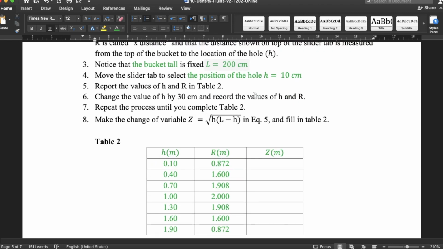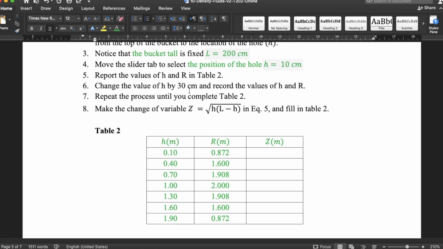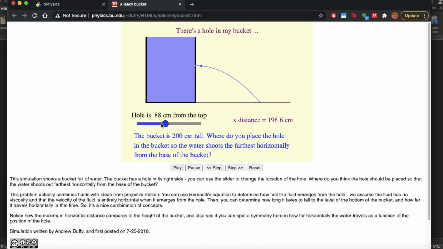We'll start from, at least in my case, with h equals 10 centimeters, and we will increase it by steps or increments of 30 centimeters. Okay, so starting with 10 centimeters, take a measurement of x. Notice that the range is called here x.